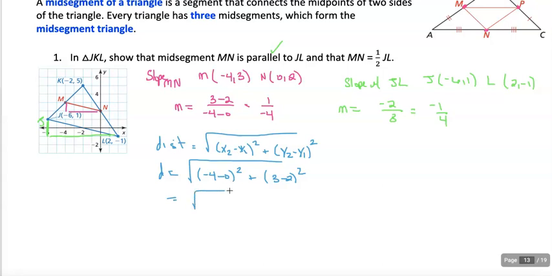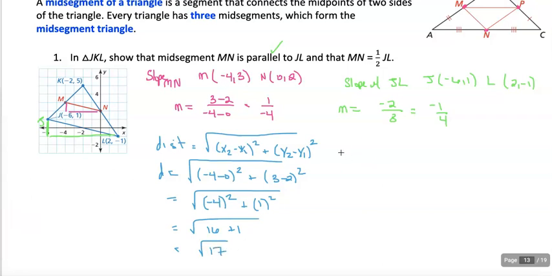Follow this all the way through. You get -4 squared plus 1 squared. And don't forget, when you square the -4, the whole purpose of squaring this is so it becomes positive, okay? If you put -4 squared into your calculator without the parentheses, it's going to come up as -16. We do not want that. And then plus 1, and we got d equals square root of 17.